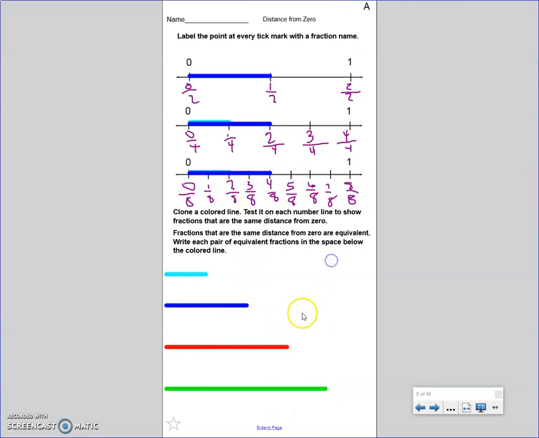I'm going to go ahead and put this red line on these number lines. I want you to tell me which fractions are equivalent.